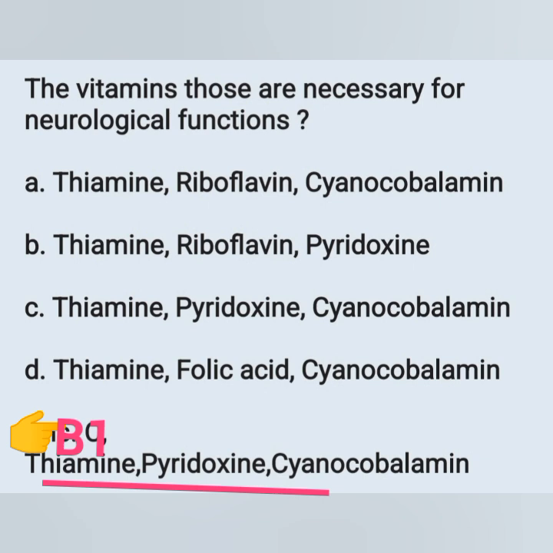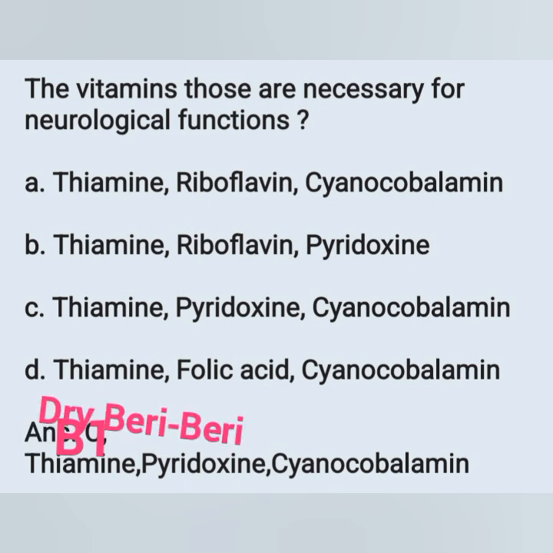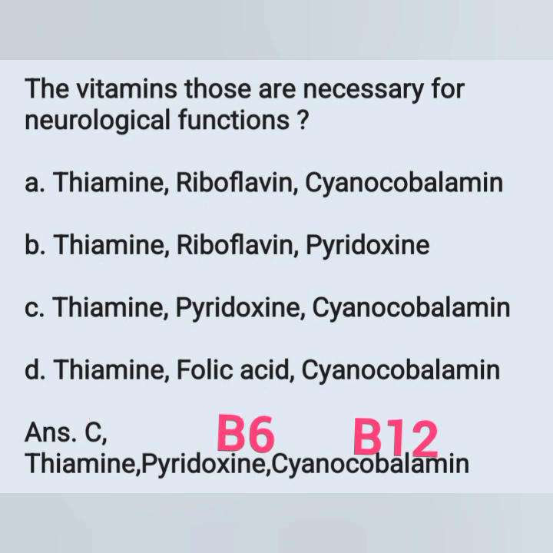Thiamine is vitamin B1. Vitamin B1 deficiency causes beriberi, and it can also affect the nervous system, like peripheral neuropathy and ataxia. It is mainly seen in case of dry beriberi. Dry beriberi is a type of neurotic beriberi. And the next vitamin is pyridoxine. Pyridoxine is also known as vitamin B6.